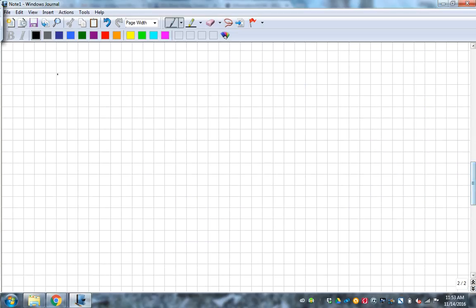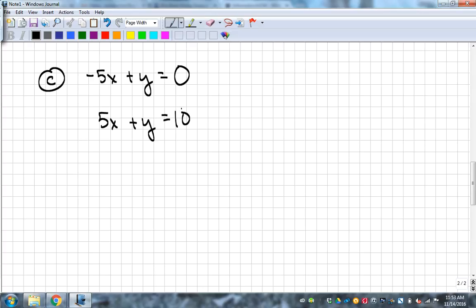Let's look at example C. Say we had negative 5x plus y equals 0. And then the second equation is positive 5x plus y equals 10. Are those in the right form to graph? No. Let's get them there.